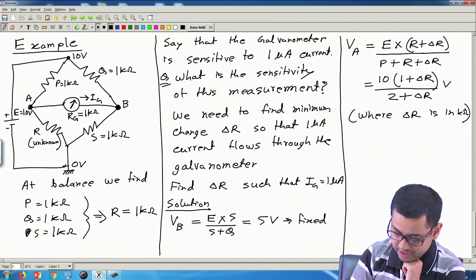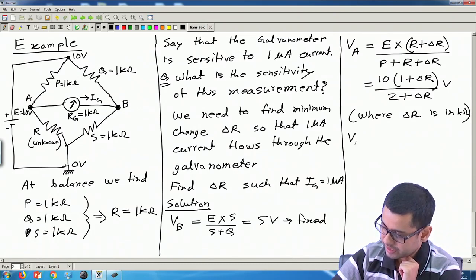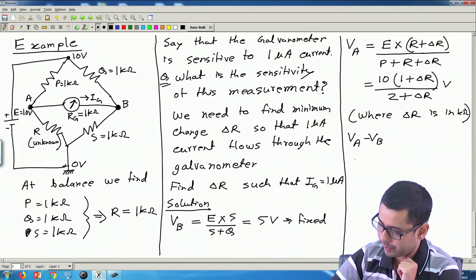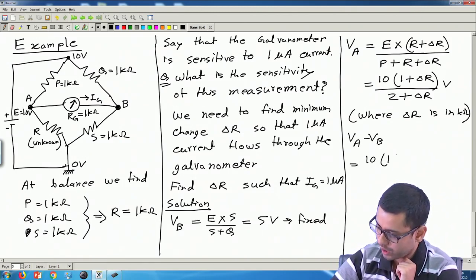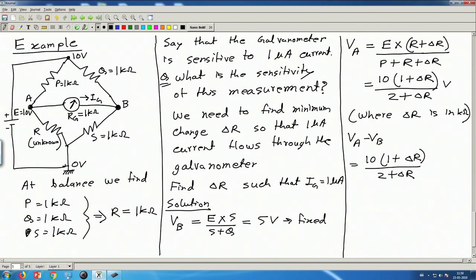Now what is the potential difference between A and B? So VA minus VB will come out to be this quantity, 10 into 1 plus delta R divided by 2 plus delta R, and VB is 5 in volt.